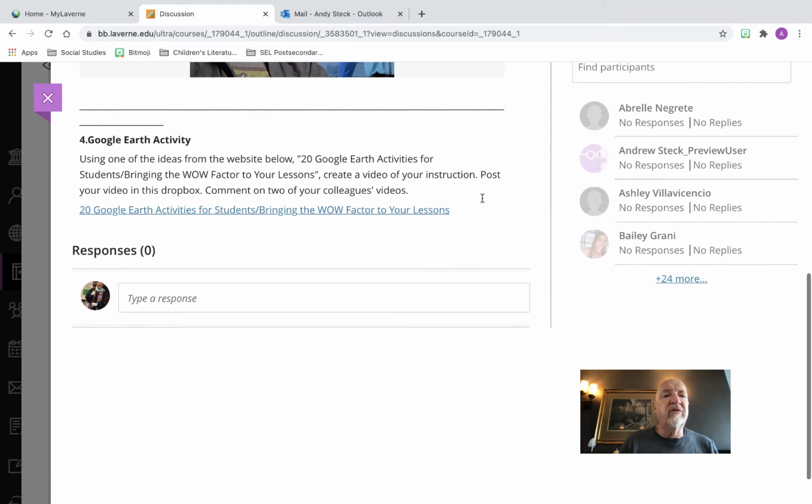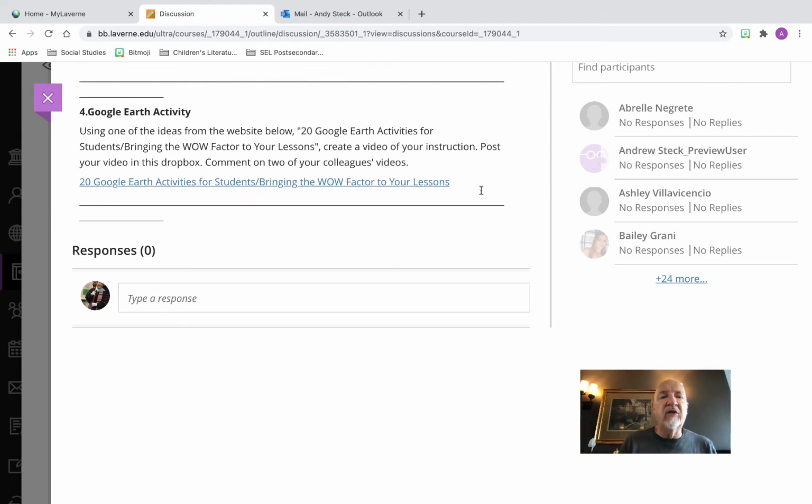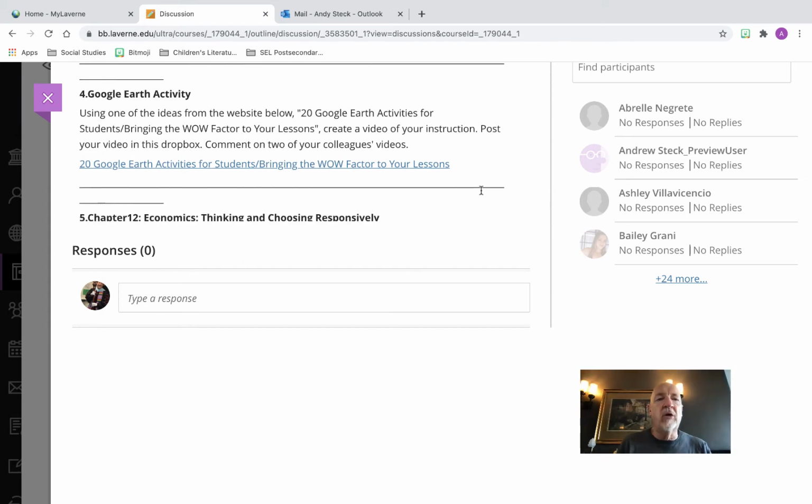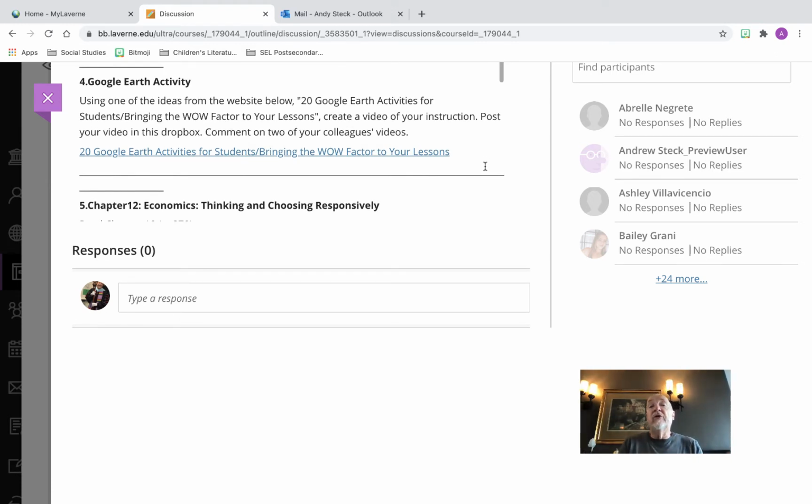The fourth activity is Google Earth activity. Using one of the ideas from the website below, 20 Google Earth activities for students, bringing the wow factor to your lessons. Create a video of your instruction. Post your video in this Dropbox and then comment on 2 of your colleagues' videos. So what you'll do is pick an idea from this website.